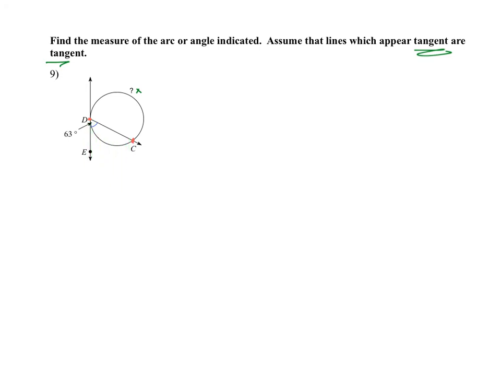So this one is 126. And 126 plus x equals 360. So minus 126 on both sides, I have that x equals 234 degrees.